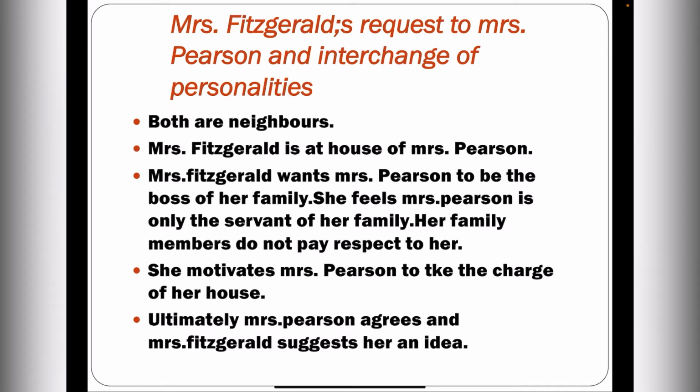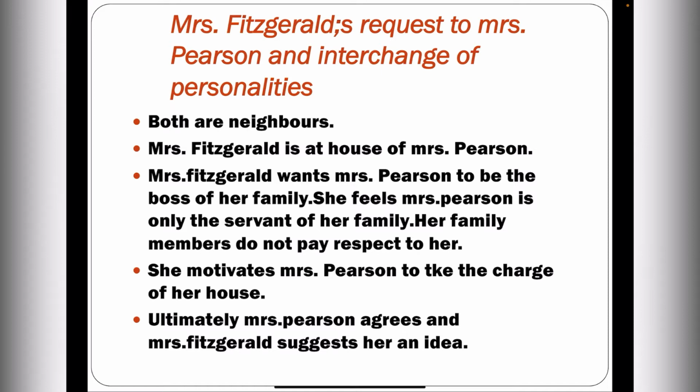Mrs. Fitzgerald advises her that she should stand up for her rights as the mistress of the house if she wants them to treat her properly. Mrs. Fitzgerald asks her to let them wait or look after themselves. Mrs. Pearson says that she cannot do it.